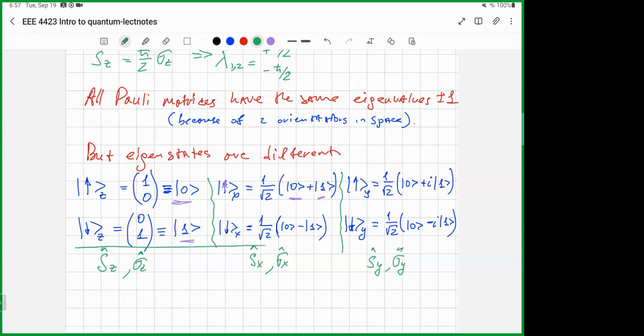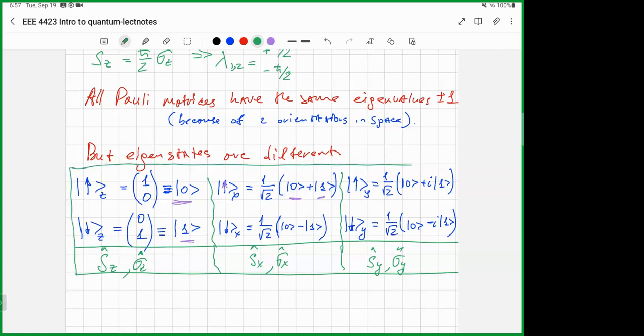These are the eigenvectors, or eigenstates, of all three Pauli matrices. Each Pauli matrix is a 2 by 2 matrix, and it has two different eigenstates.